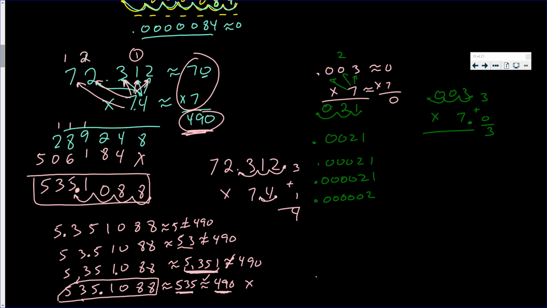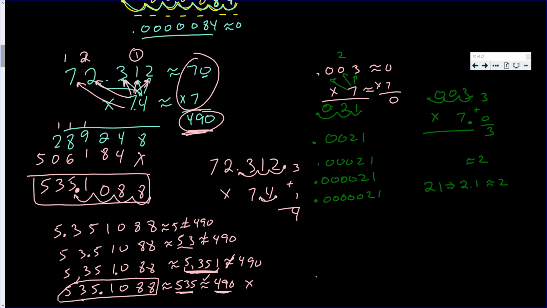You have all those that are close to 0. But if this answer, 21, was supposed to be around 2, then we would say this becomes 2.1.